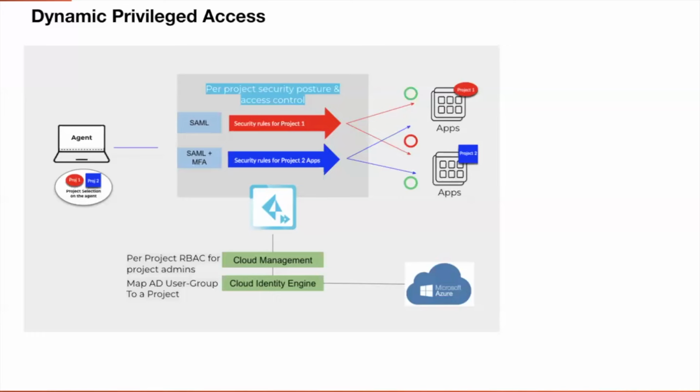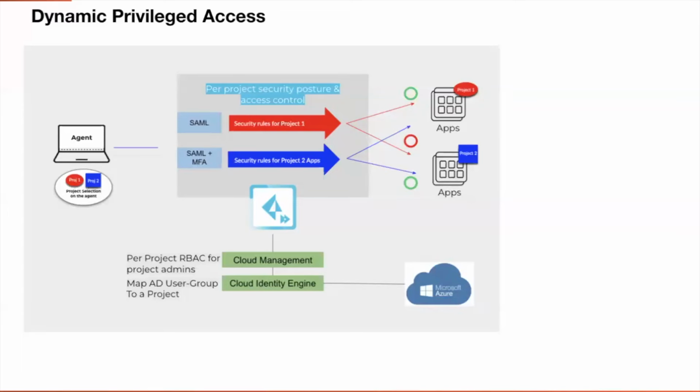All those things are clearly split out in terms of what the respective project admins can do in their configurations, so they do not overrun into other project admins' configuration. Obviously, the Cloud Identity Engine comes in handy to authenticate the user, and also Prisma Access.